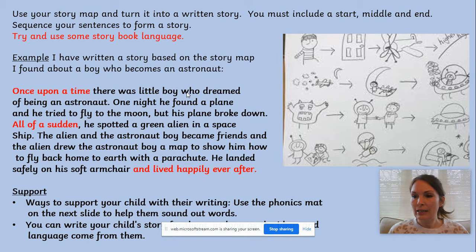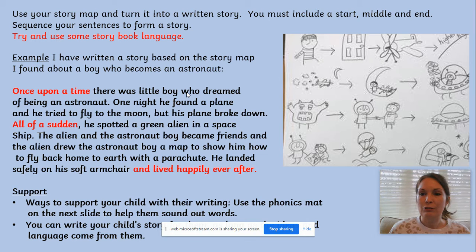But luckily, an alien came along in a spacecraft, and the boy was worried that he would be a monster alien, but he wasn't. He was friendly, and luckily he said that he would help the boy astronaut to get home safely, seeing as his plane was broken. And he drew him a map of how to get home, and he helped him make a parachute.